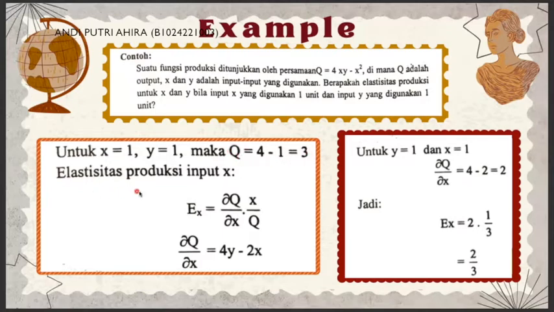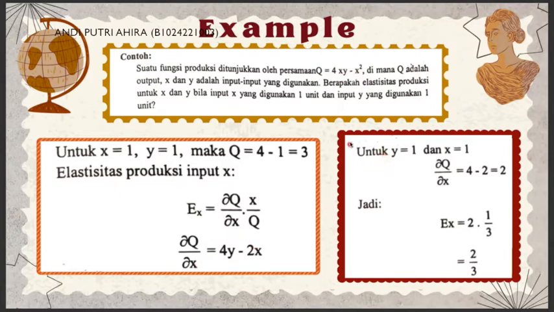Production elasticity of input X, or EX, equals partial Q with respect to X times X divided by Q. So partial Q with respect to X equals 4y minus 2x, because the partial derivative of 4xy minus x squared with respect to x is 4y minus 2x.